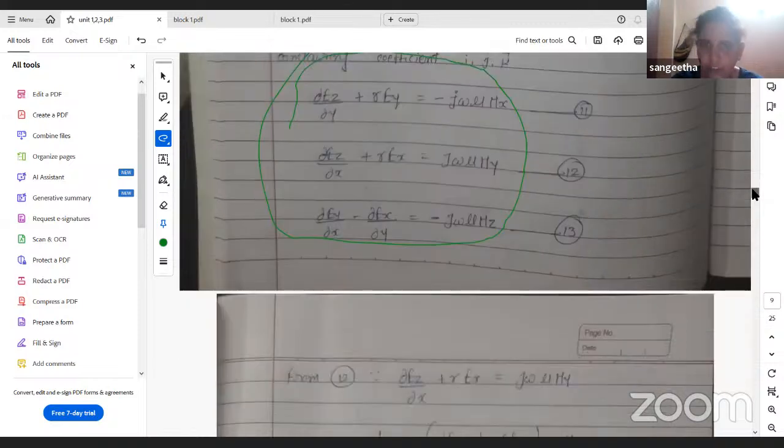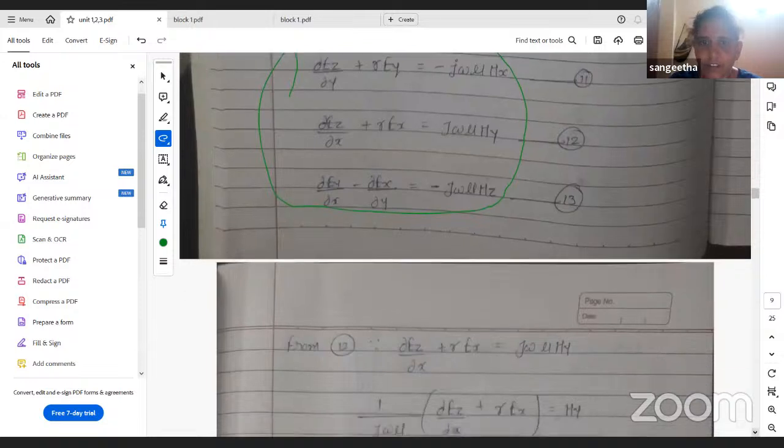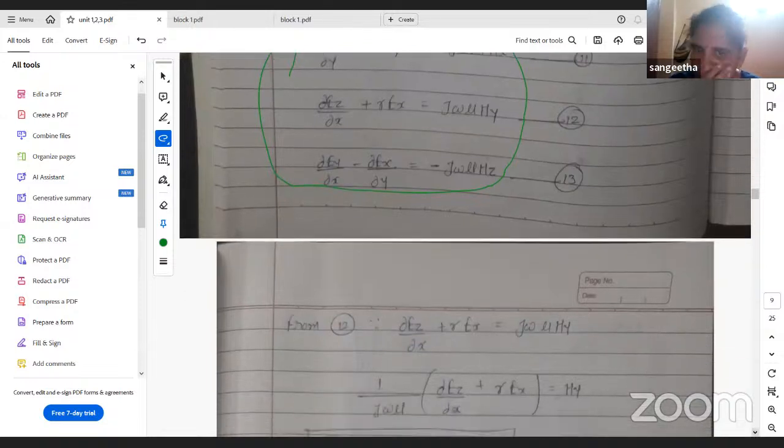Now next we will see further. From the 12th equation, dou Hz by dou x plus gamma Ex equals j omega mu Hy.